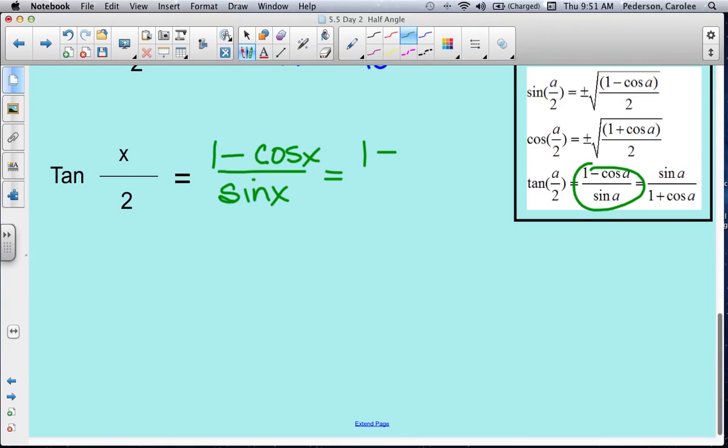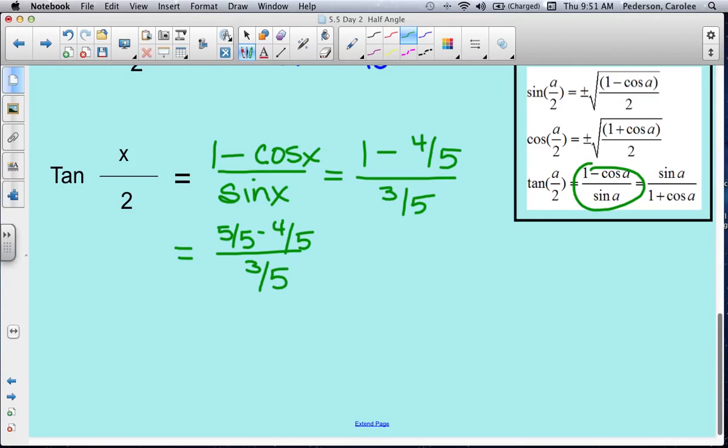Cosine we said was 4/5. And what was the sine of x in that triangle? 3/5. And now we simplify this. So 5/5 minus 4/5 over 3/5. Again, you see lots of fractions.